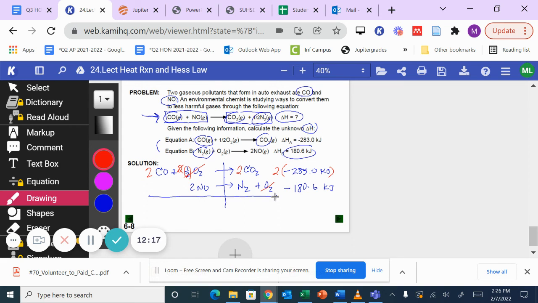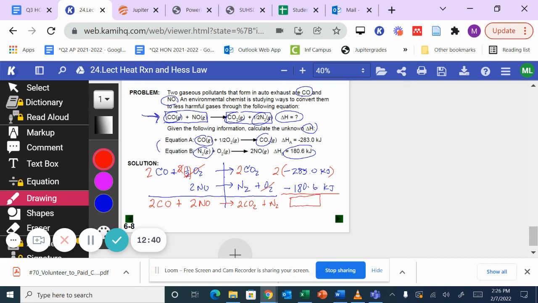So I'm going to go ahead and drop everything. 2CO plus 2NO, arrow, 2CO2 plus N2. And I'm going to go ahead and add these up. When I added them up, I'm going to get a number.